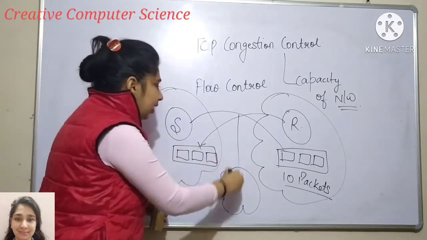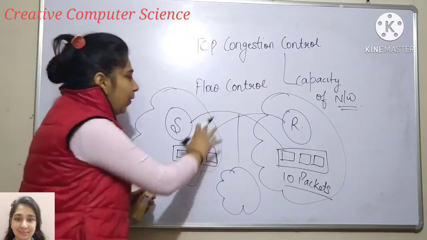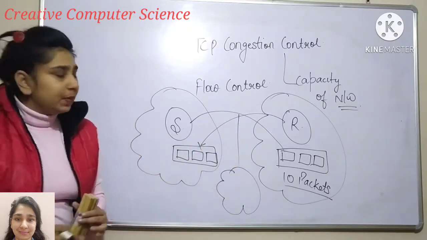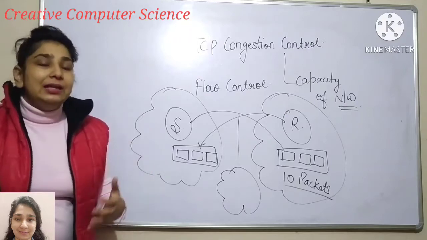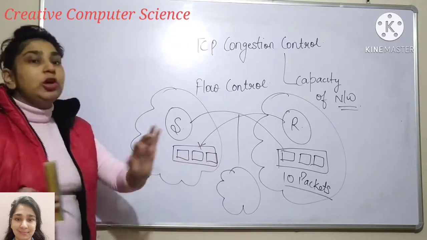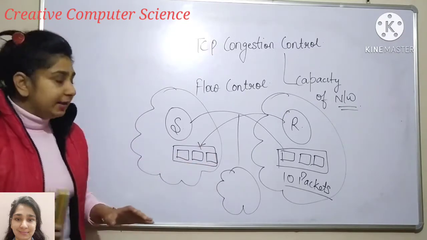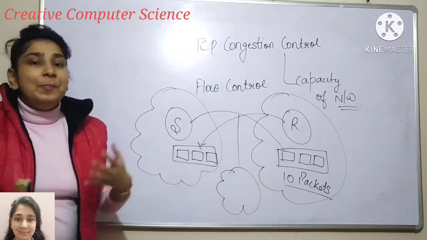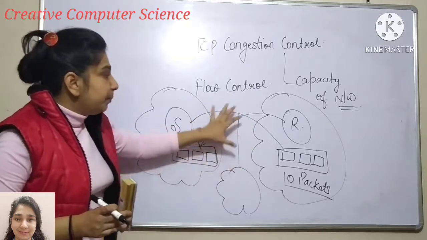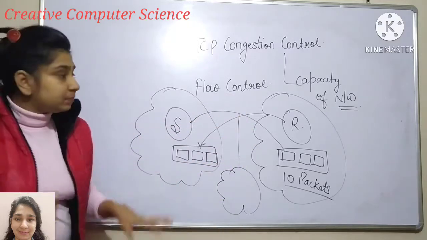messages are put on the network, on the channels. At one particular point of time, millions and billions of people communicate at the same time. So millions and billions of messages are put on the channels.